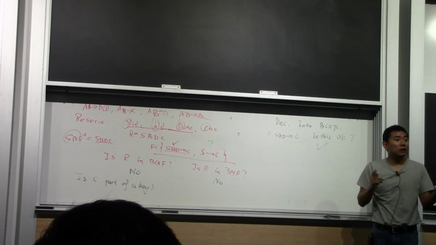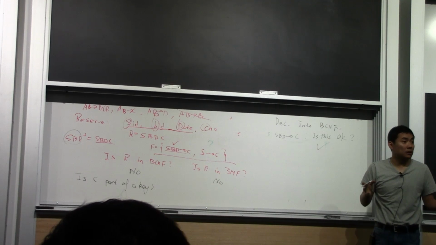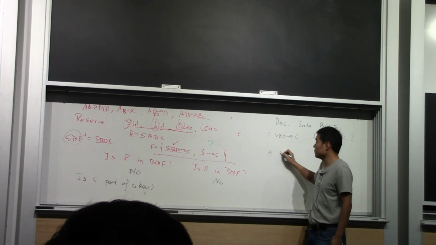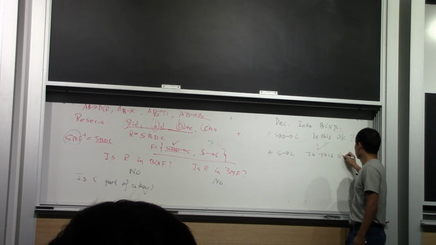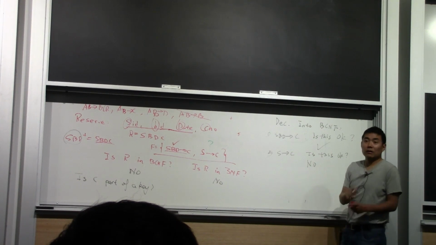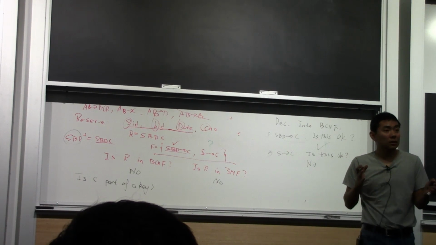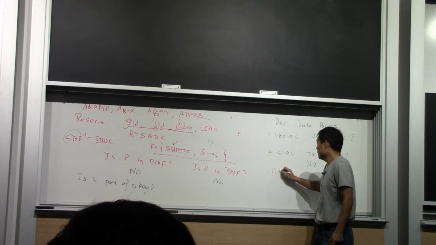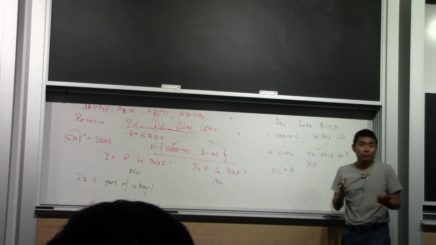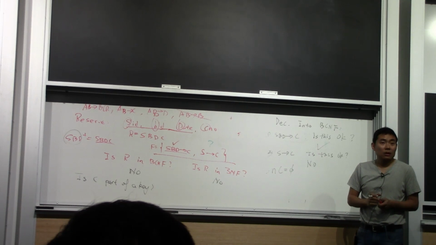The first functional dependency is okay, so you don't have to do anything about it. We move on to the second functional dependency. Is this okay? The answer is no, it's not okay. This violates the BCNF requirement. The left-hand side, S intersect C, is the empty set. So I'm going to decompose this.